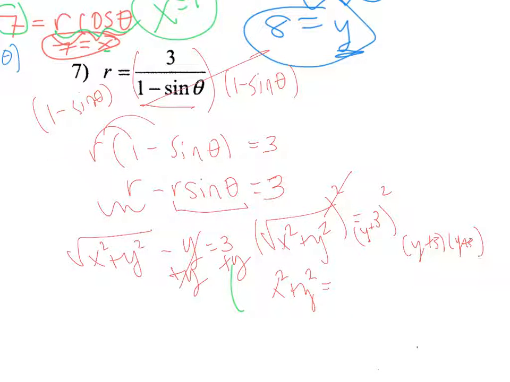When we FOIL, we get y squared plus 6y plus 9. And when we move all terms to one side, we will end up with x squared minus 6y minus 9 equals 0. That's our final answer.